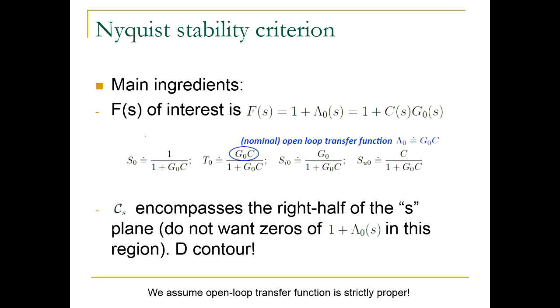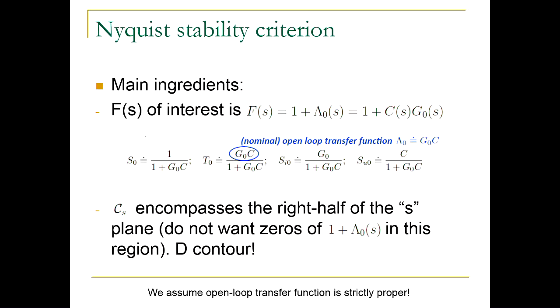So the main ingredients in the Nyquist stability criterion are f of s, where lambda 0 is by definition G0 times C, right? So that's of interest. And what's also of interest is the contour in the S-plane, the so-called D contour.